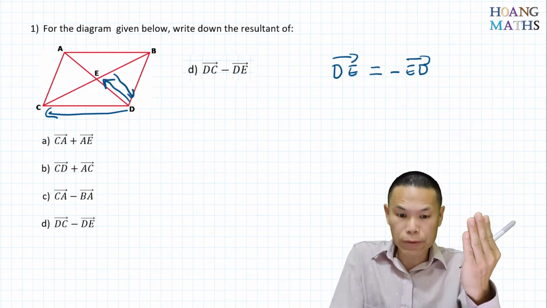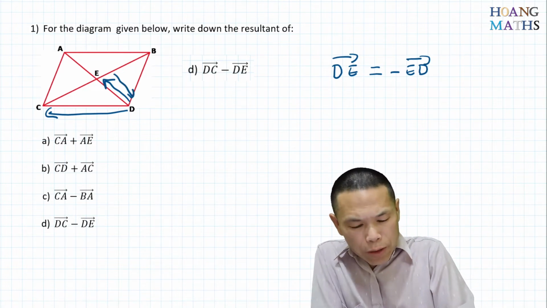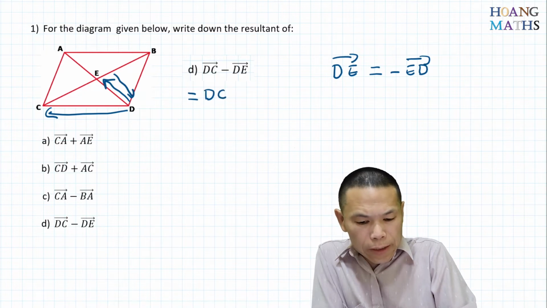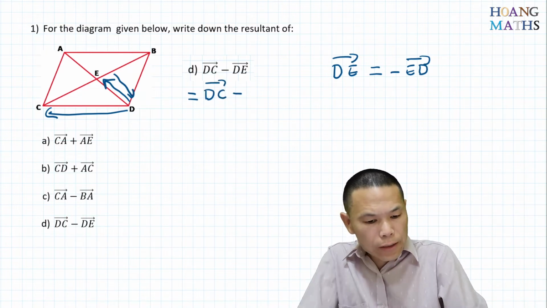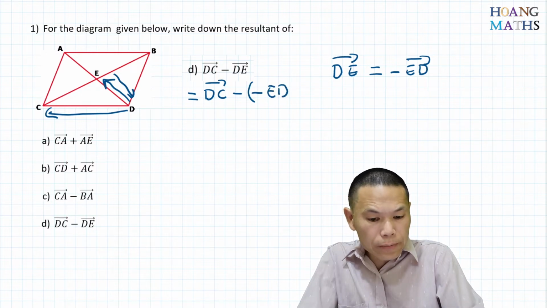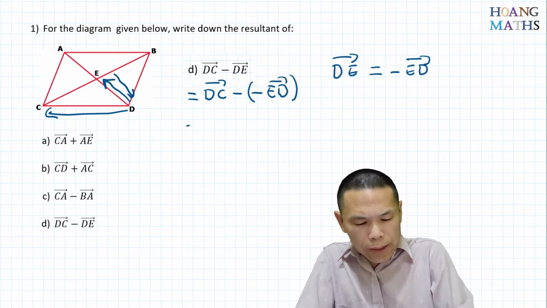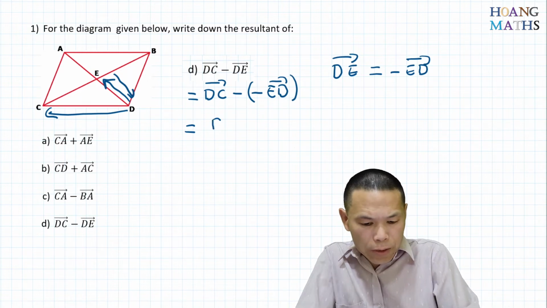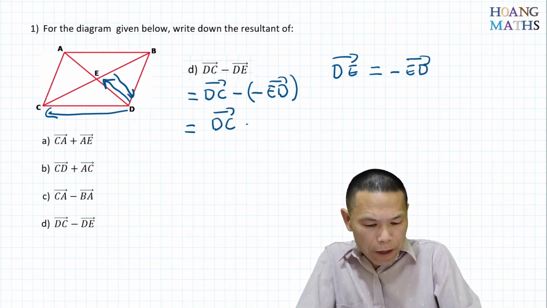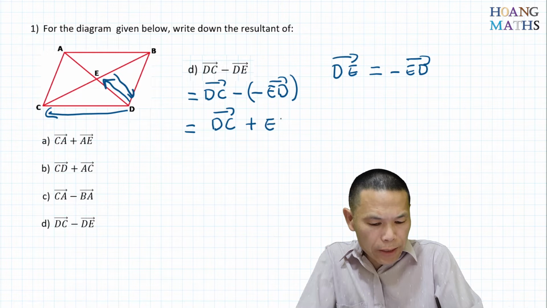So that will give me DC minus negative vector ED. So this is equal to DC plus ED.